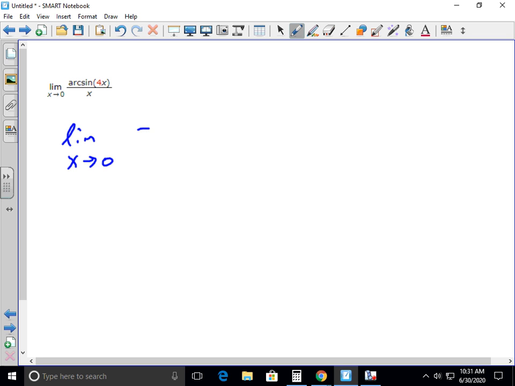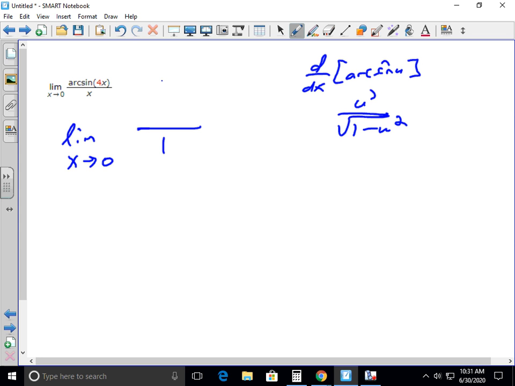The derivative of the bottom is just 1. The derivative of the top, remember when we take the derivative of arc sine u, we get u prime over the square root of 1 minus u squared. So 4 over the square root of 1 minus 4x squared, which is 16x squared.